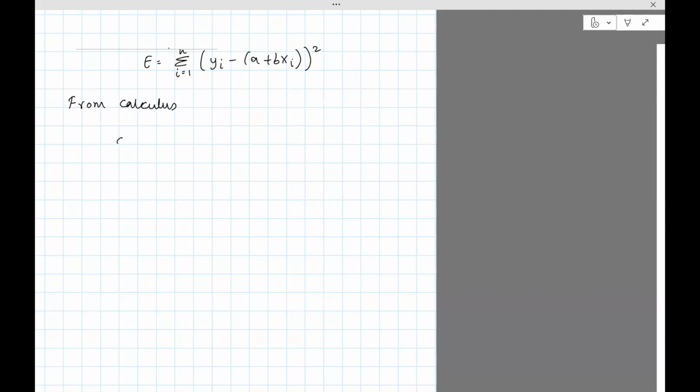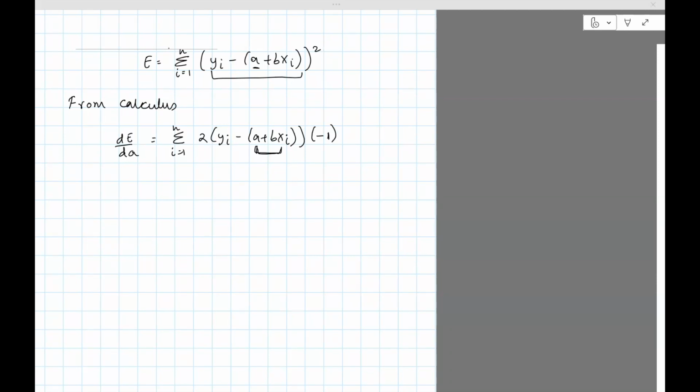So from calculus, we can do dE/dA equals. Okay, so I just have to differentiate this with respect to A. The derivative of this whole sum of squares is 2 times this quantity, yi minus (a plus b xi), times, by chain rule, the derivative of this thing, which is going to be minus 1.